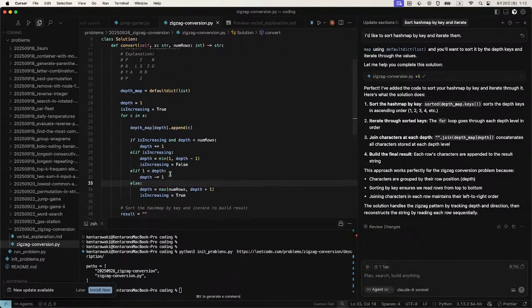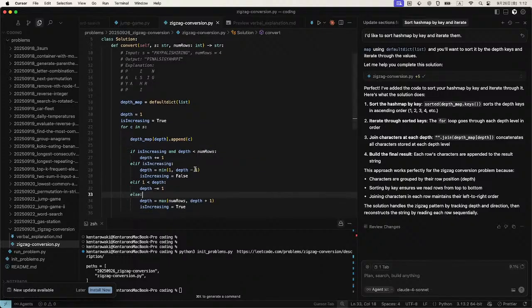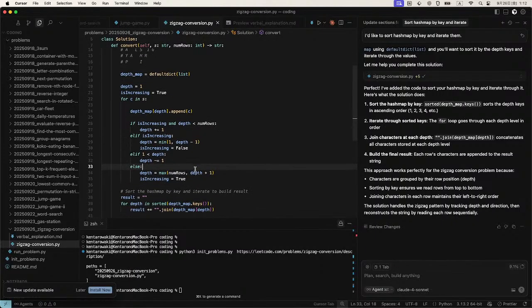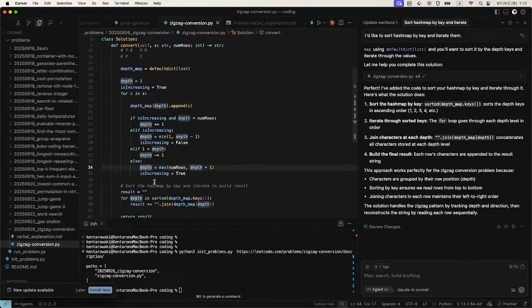So the edge case is when the number of rows is 1. In this case, we will reach this condition and this condition, and the depth keeps 1.